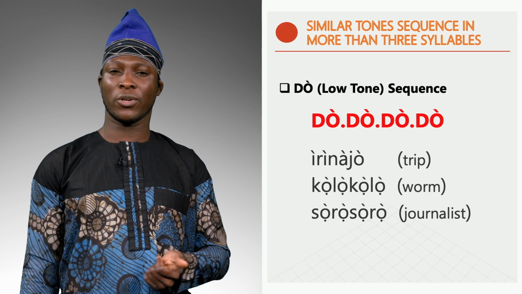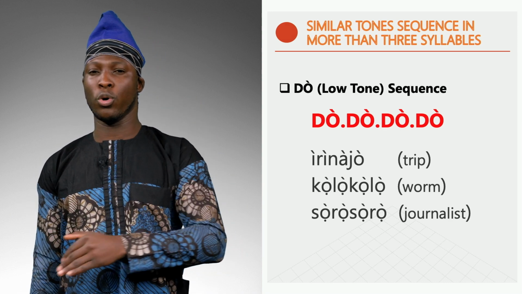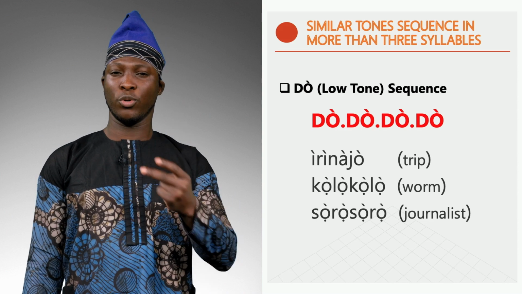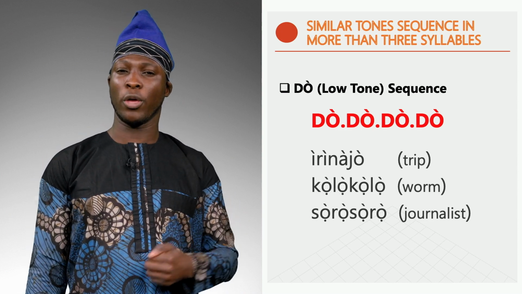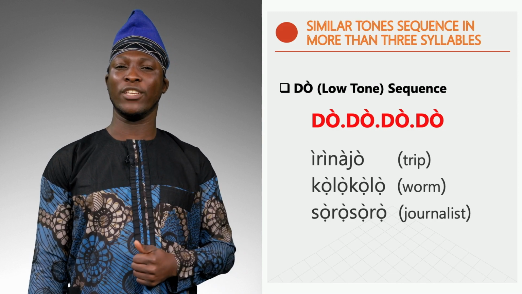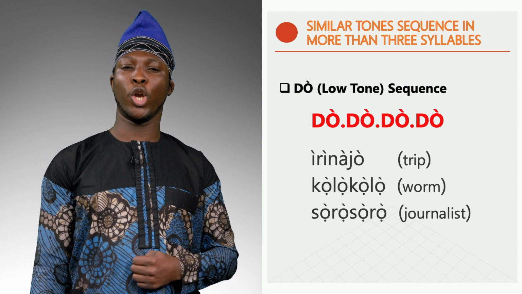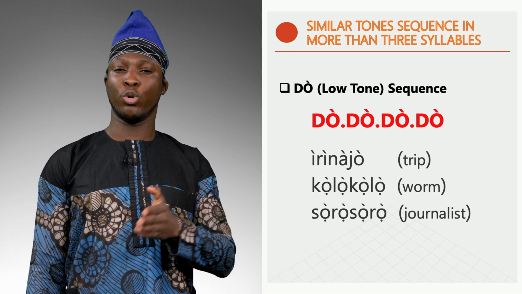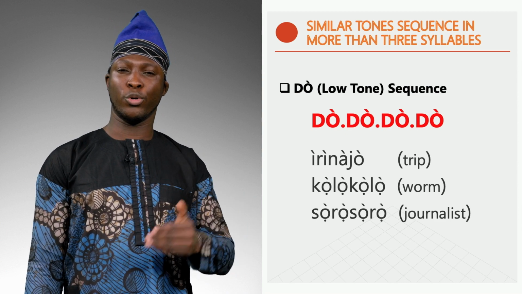The first example is do. And this can occur in words like ìrìn-àjò. That's do. Kọ̀lọ̀kọ̀lọ̀. Do. Sọ̀rọ̀. Do.